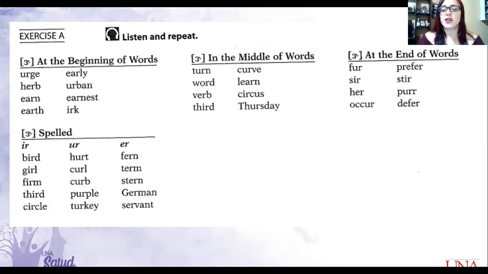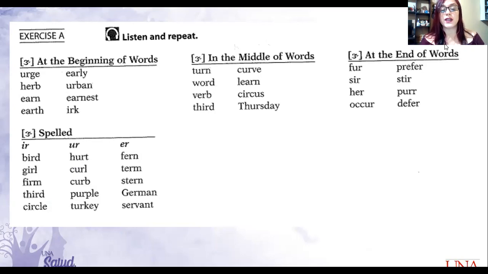At the end of words, we're going to find this sound in the words fur, sir, her, occur, prefer, stir, per, and defer. Finally, we have some common spelling patterns, but we're going to go through more detail on the spelling patterns of these two vowel sounds in the next slides.